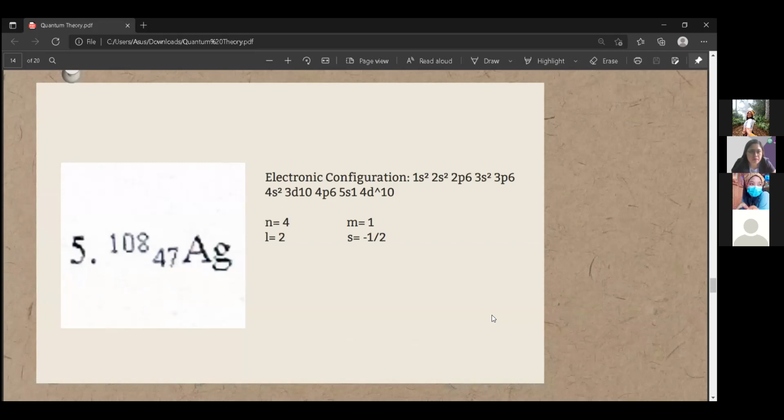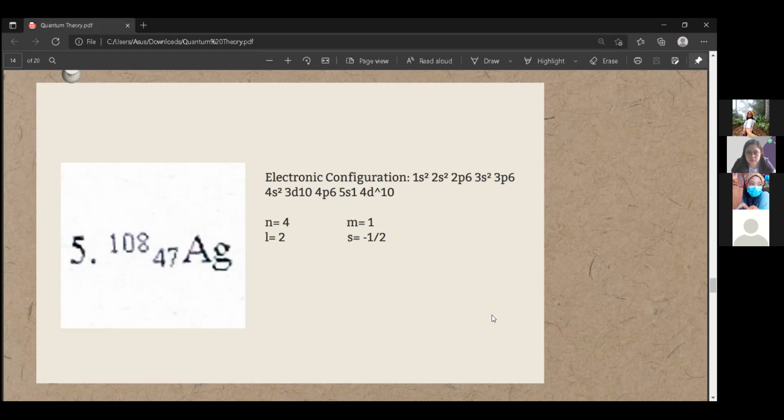For number 5, the element is silver, which has an atomic mass of 108 and atomic number of 47. So, repeat lang din sa process.